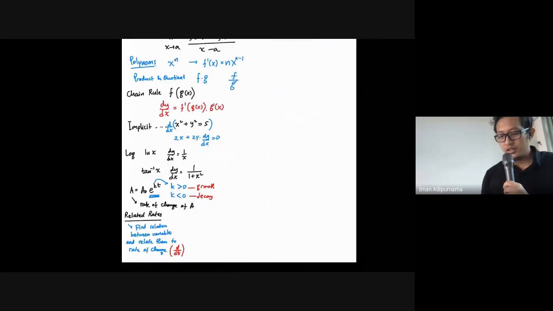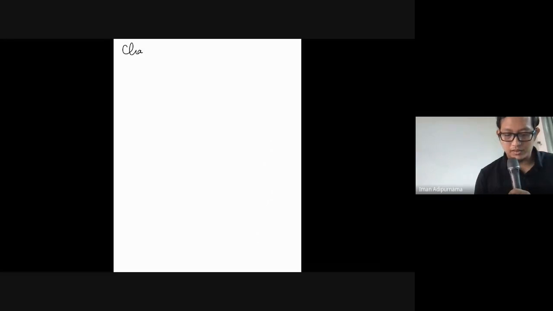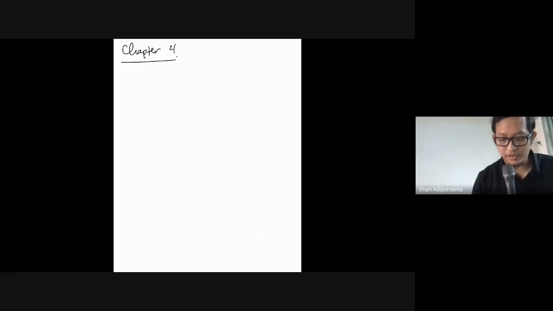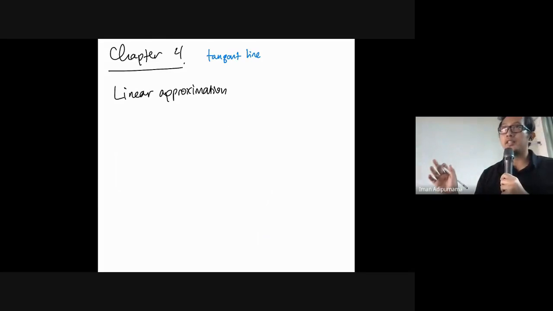So you can get the idea how to explain one by one, okay, from the linear approximation. So basically, you learn the tangent line. And basically, the tangent line is just a linear equation.